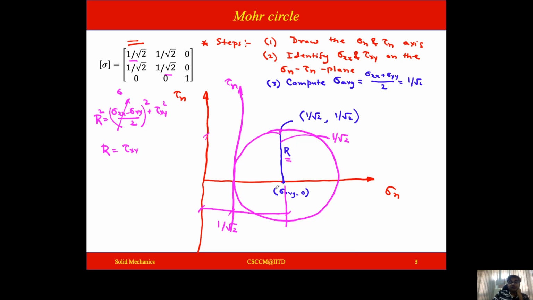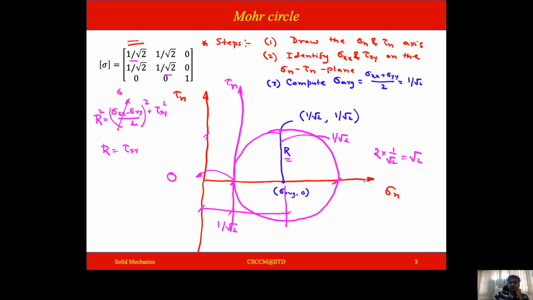Okay. So what is my principal stress now? Obviously, one of the principal stresses is going to be 0. The other principal stress is going to be 2 into 1 by root 2, so the other principal stress is going to be root 2. So one is here, the other is here.